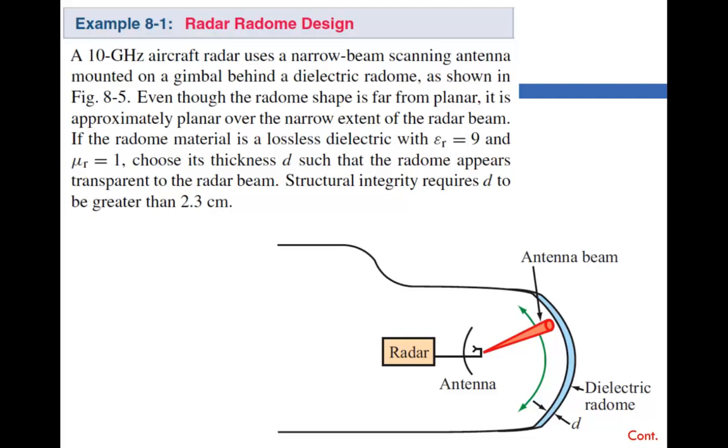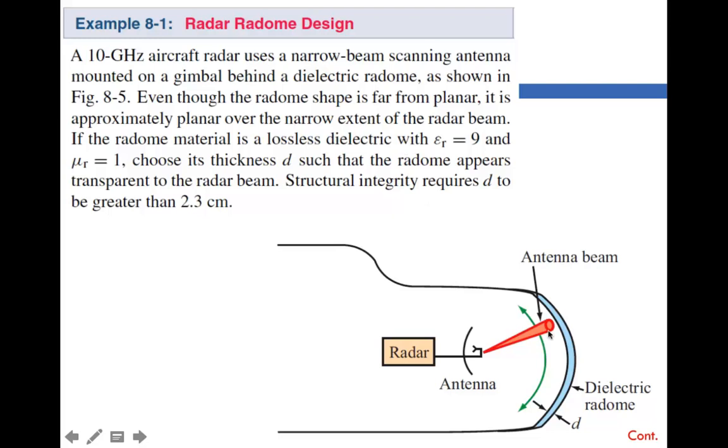Okay, I want to look at this example, and then I'll stop the video and resume the video for a new example. Basically, this is a radome design. In a radome, you have an antenna that's generating a beam. The beam comes through the dielectric, which is protecting the antenna, and then propagates onto a receiver.